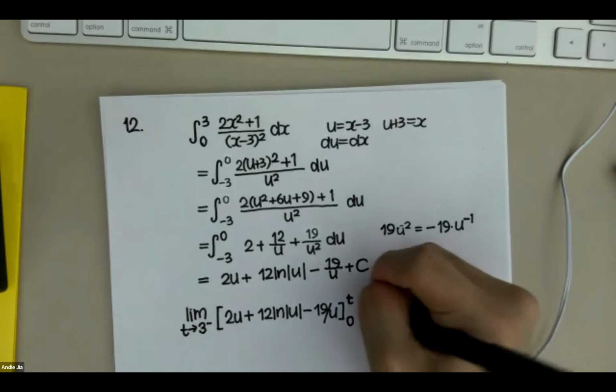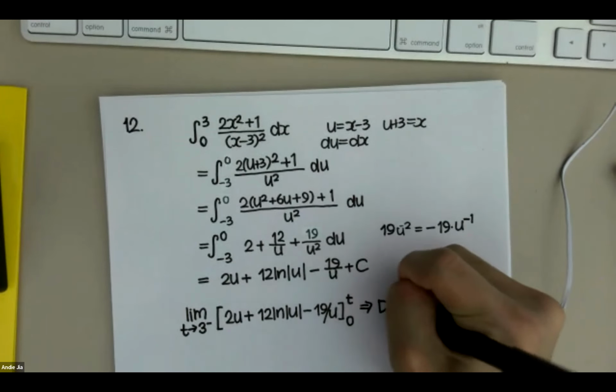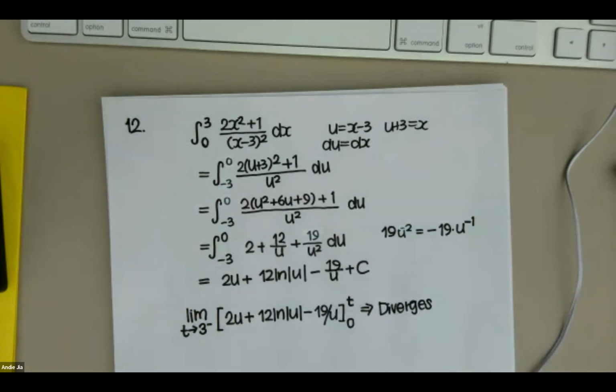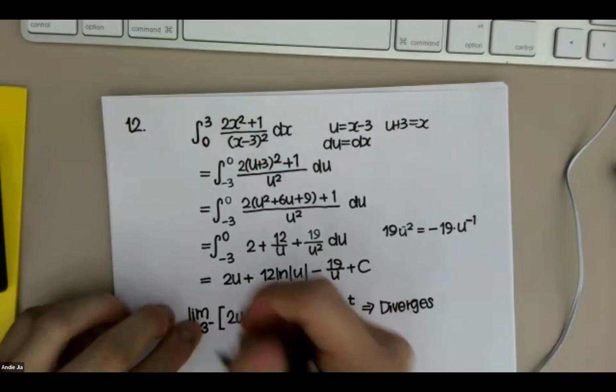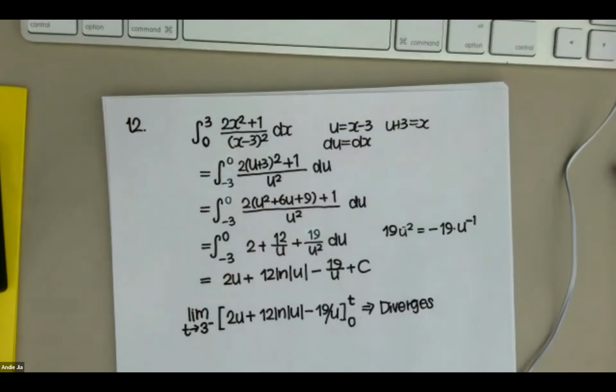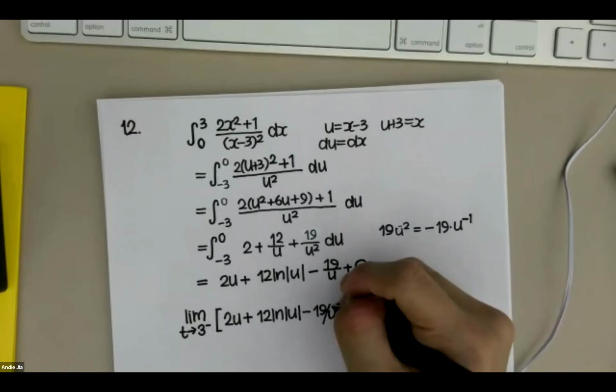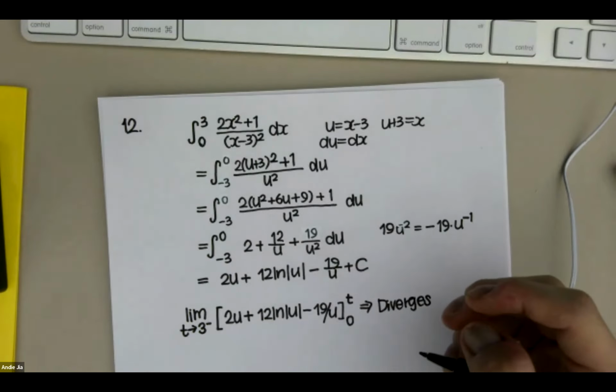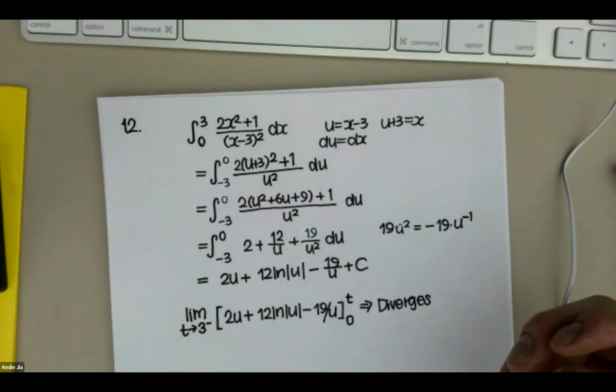So this integral diverges. Why does it diverge? Because the limit doesn't exist. We approach from the left side, getting close to 3, and it's divergent because the denominator cannot be 0.